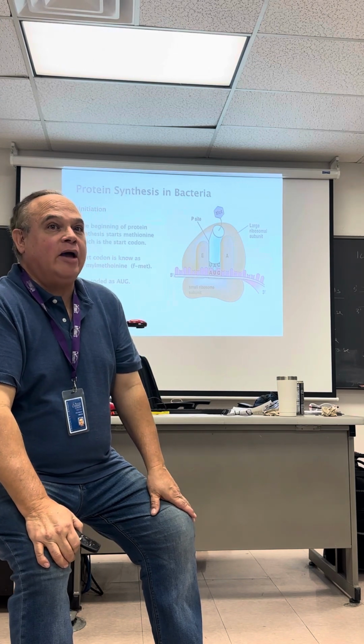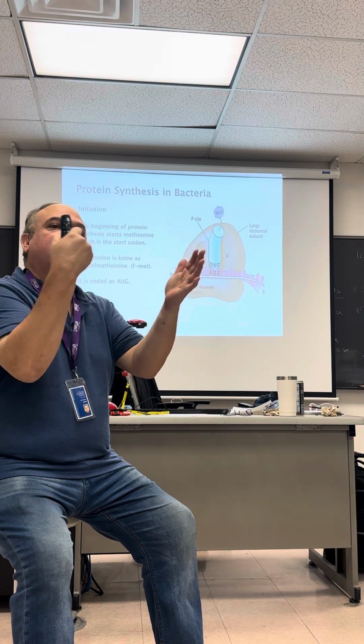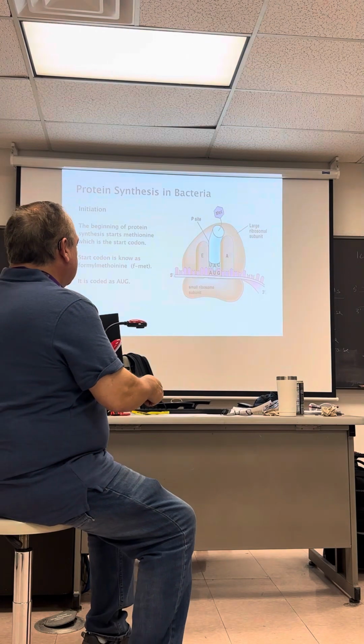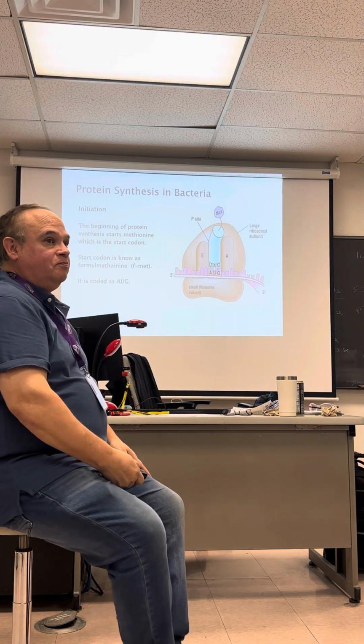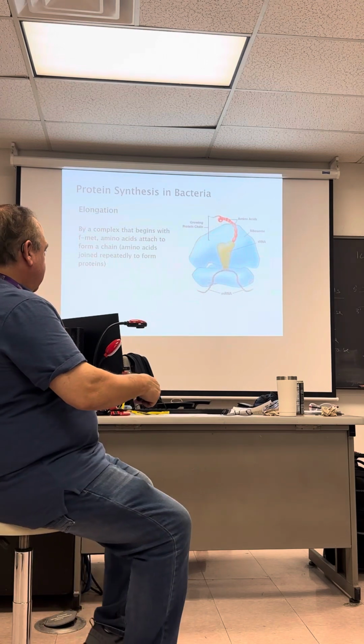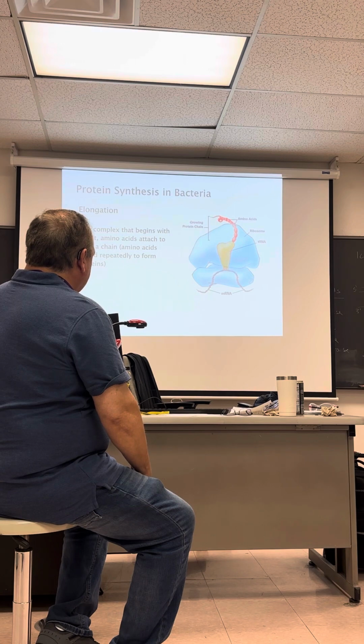Think of peptidoglycan, chains of sugars. Here, the peptidyl is a chain of amino acids. And the E site is the exit site, where the transfer RNA is released. Hence, you have this long chain of amino acids.